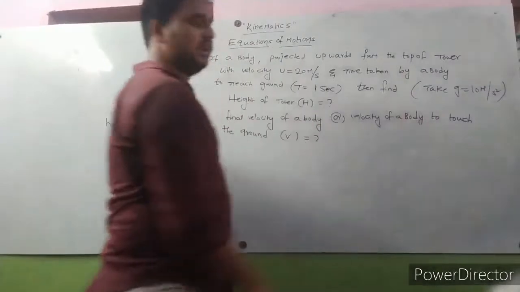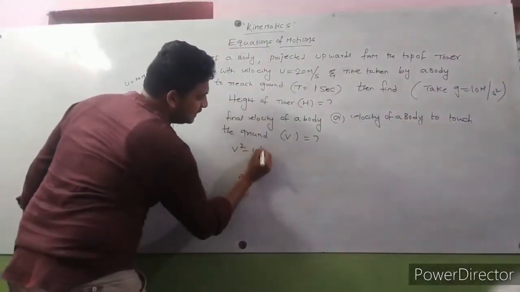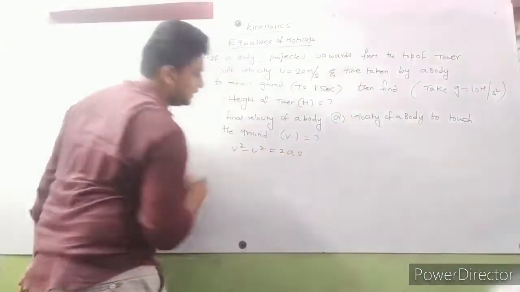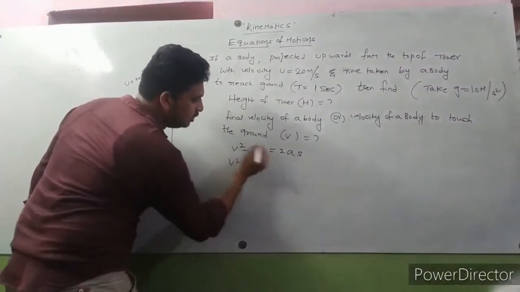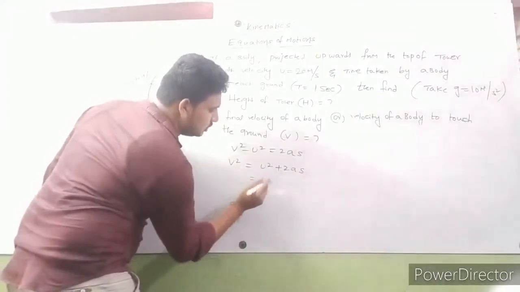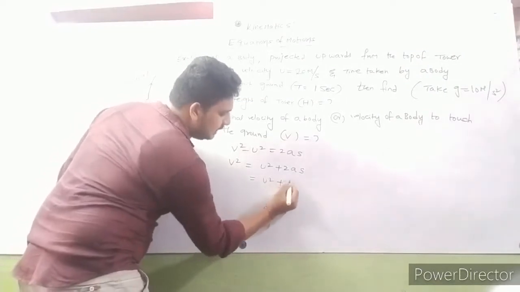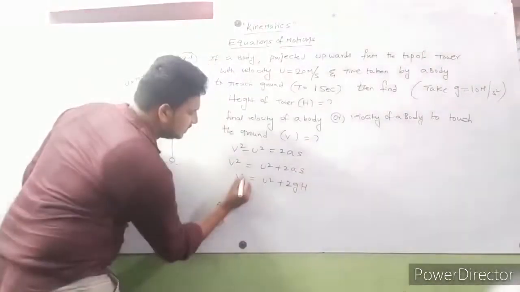So how to find the final velocity here? By using this formula, v square minus u square is equal to 2as. Here v means final velocity. v square is equal to, u square is moved to this side, u square plus 2as. So u square plus a value is g into s value is h. So this is v square.